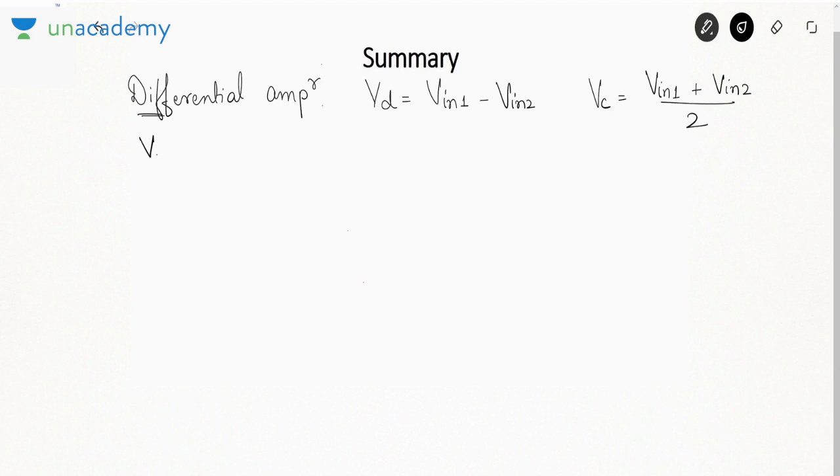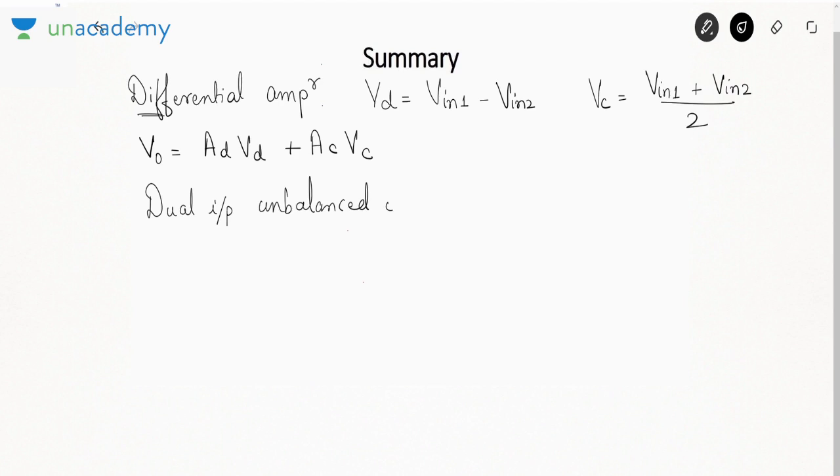Then I told V0 can be written as the superposition of the two outputs, one due to differential input and other due to common input. And then I told there are two inputs and two outputs, so there are four possibilities. In this video I have told you about dual input, unbalanced output.